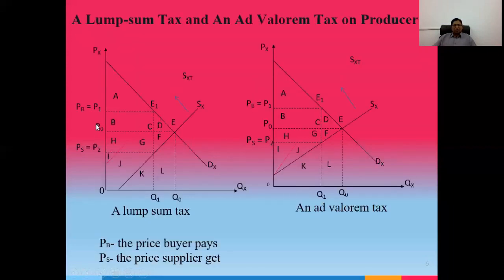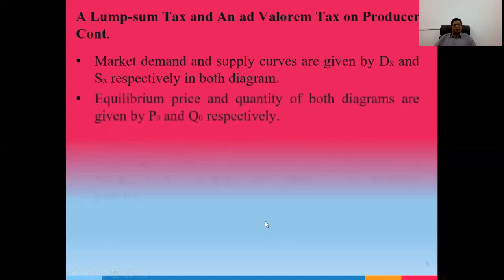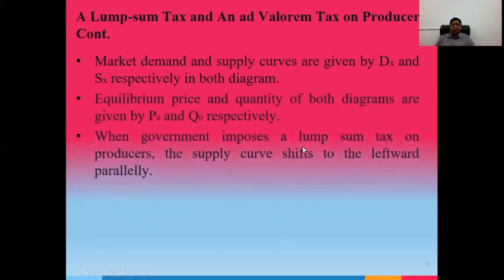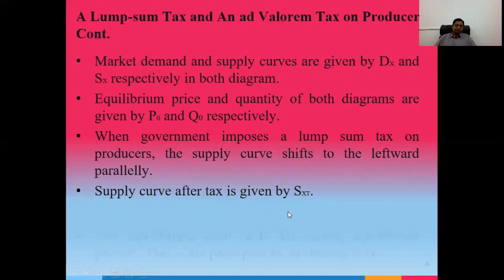When the government imposes a lump sum tax on producers, the supply curve shifts leftward parallelly. The supply curve after tax is given by Sxt.